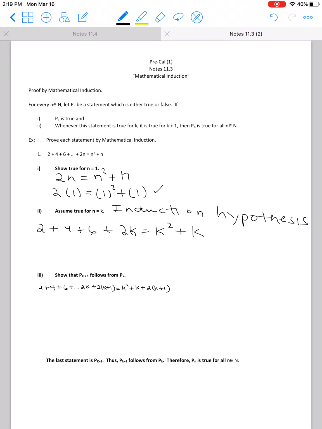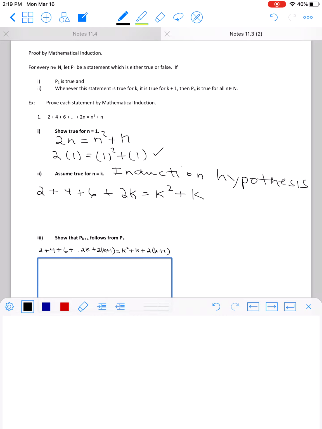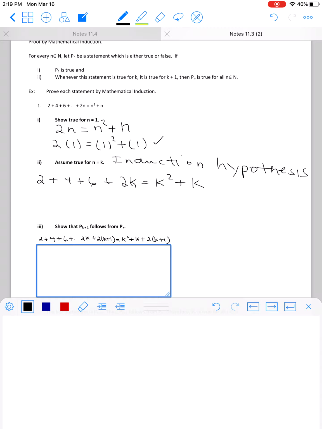Now what we're going to do is work solely on the right side. And what we're going to do next is simplify a little bit. So k squared plus k plus 2k plus 2.